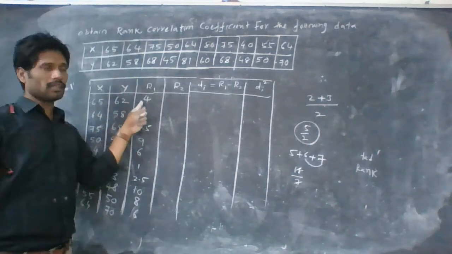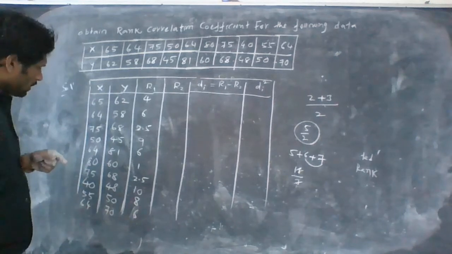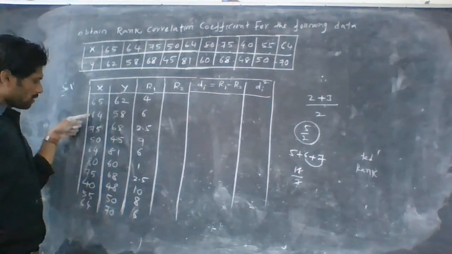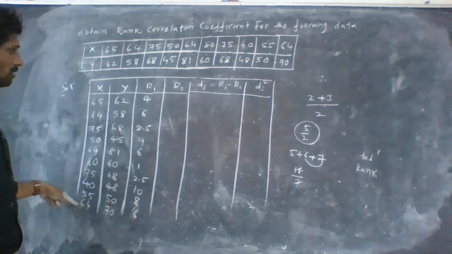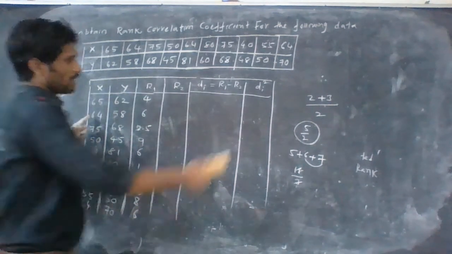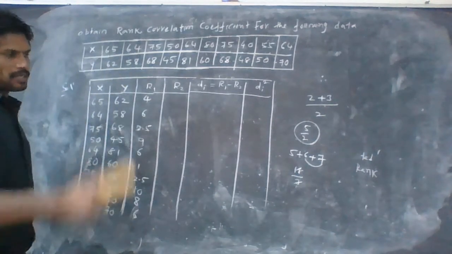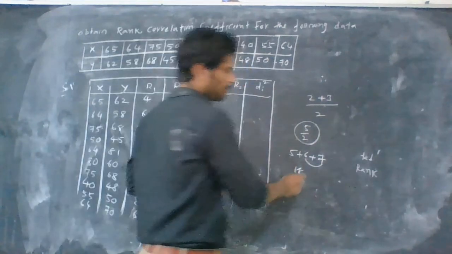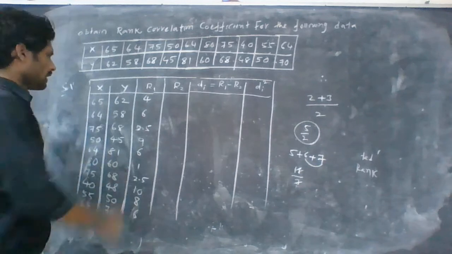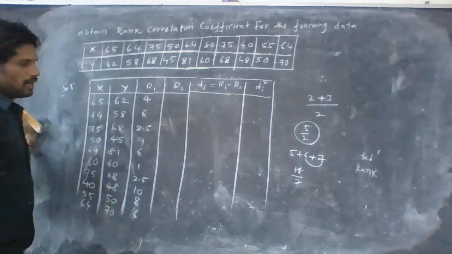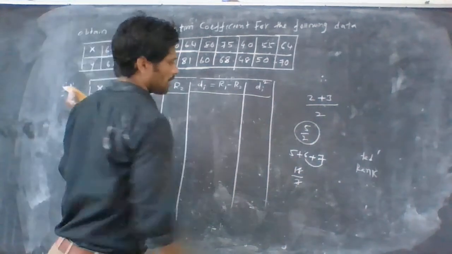Next we go to the 4th rank; 4 ranks are completed. The 5th rank goes to 64, which repeats 3 times: 64, 64, 64. That means 4 ranks are over, and the ranks are 5, 6, 7. 5 plus 6 plus 7 by 3 is the average: 5 plus 6 is 11, plus 7 is 18, by 3, so each number gets 6. Now 7 ranks are closed.